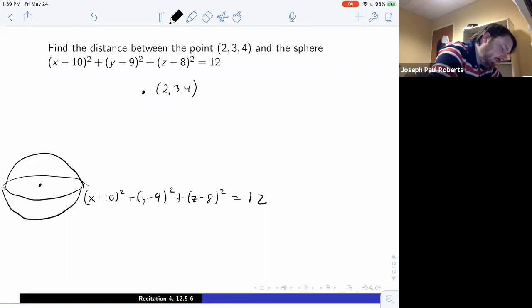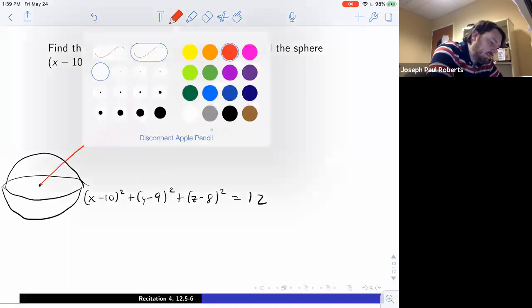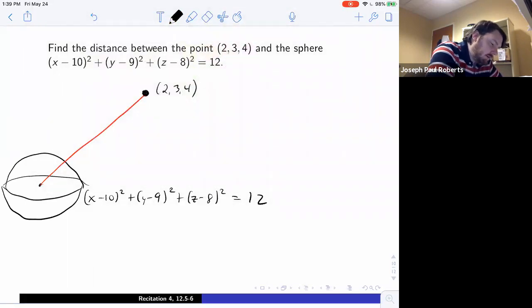And so, maybe I'll do this in a different color. The trick here, and this is something I don't think you want to memorize, is that with a lot of these you're going to want to have the picture in mind and sort of convince yourself of this. This distance that we're looking for is going to be to the closest point on the sphere, the point on the sphere closest to 2, 3, 4.